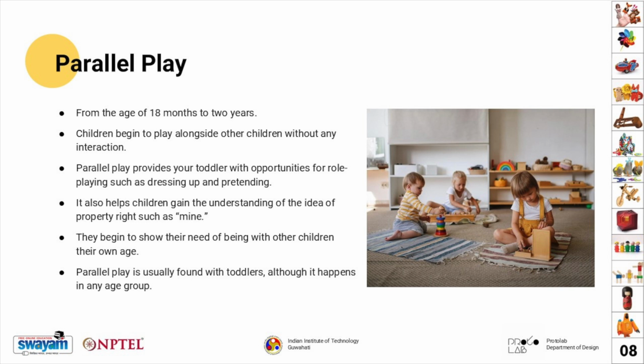At the same time, they start noticing what other children are doing. Imitation begins to appear. For designers, parallel play suggests that toys should work well in shared spaces without forcing interaction. For example, sand play tools, blocks, or drawing materials allow children to play independently but alongside peers.